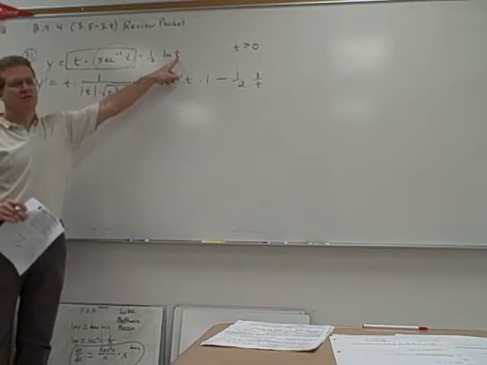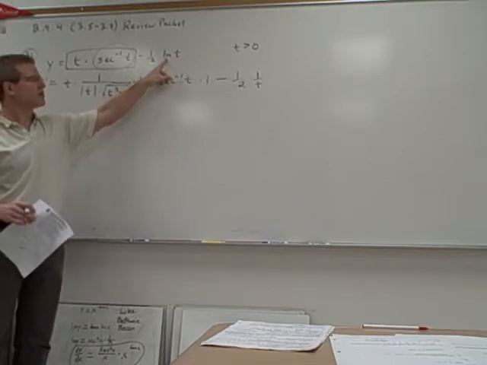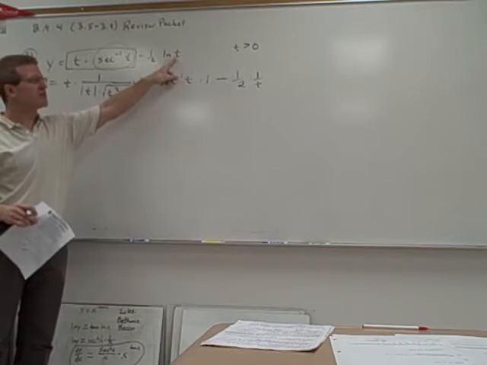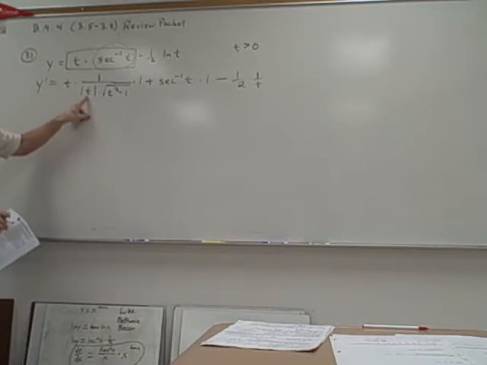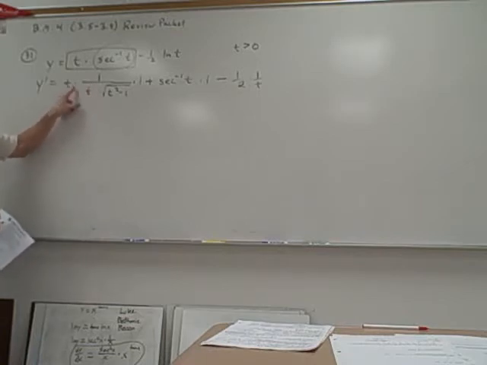Only positive, yeah. So t has to be positive, because otherwise, take the natural log of a negative or 0, you get undefined. So because of that, I know that t has to be greater than 0, which means absolute values would have no effect on t. If it's a positive number, you could get rid of these absolute values. Here we're multiplying by t, here we're dividing by t, so you should cancel these out here.